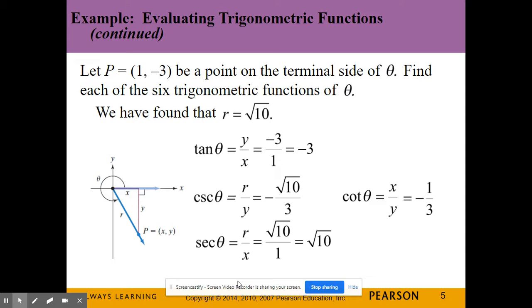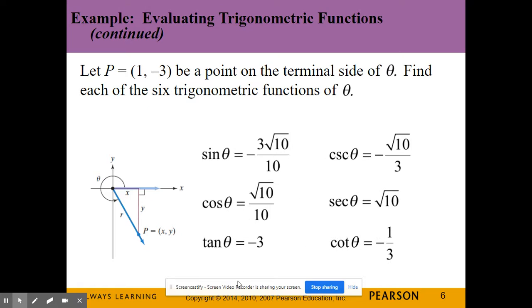And it's negative because the 3 was negative, right? Secant is r over x, so it's root 10 over 1, which is just root 10. And cotangent is x over y, which is -1/3. So then these are just all the answers all together.